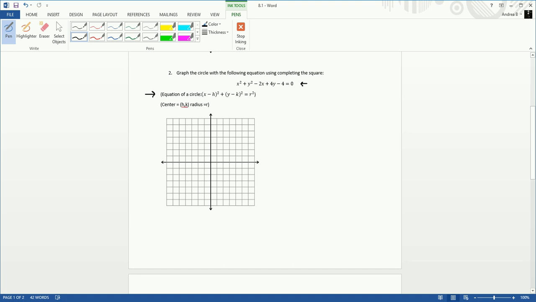So to do that, what we can do first of all is to group our x's and our y's together. I'm going to put them in parentheses since we are going to factor these.